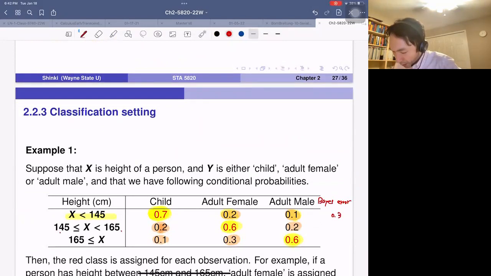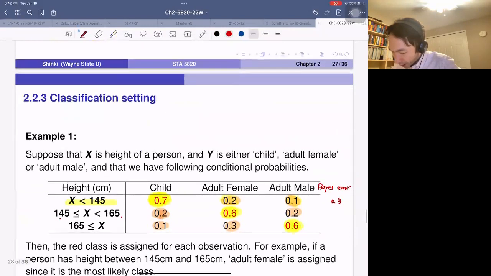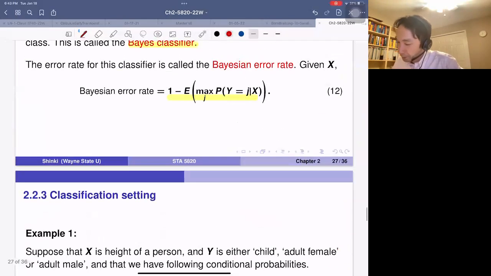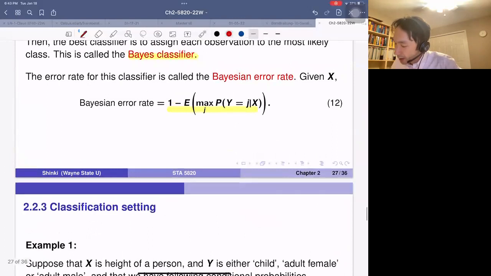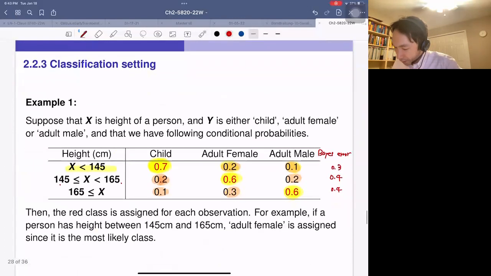For the second group, x between 145 and 165, if that person is 60% adult female, then we decide that person is an adult female, but we make 40% error. So the Bayes error is 40%, and for the last one, in the same way, the Bayes error rate is 40%. So the Bayes error rate is calculated in this way.